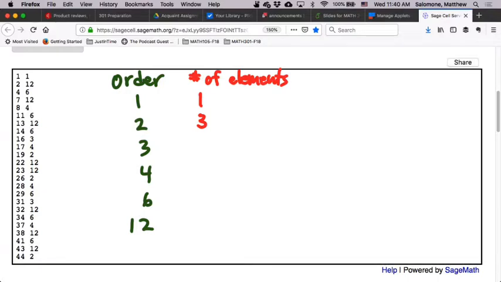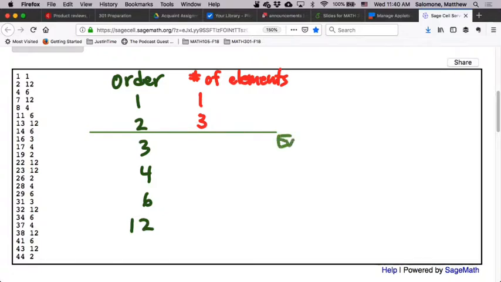There are always an even number of elements of a given order greater than 2, because every element has the same order as its inverse. When the order of that element is not 2, the element and its inverse are different from one another. So as soon as we cross this threshold, the number of elements of each given order has to be even.